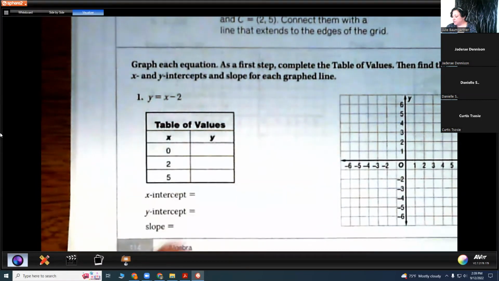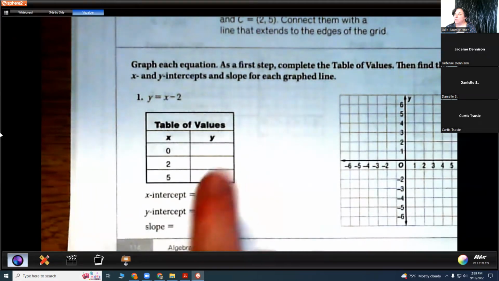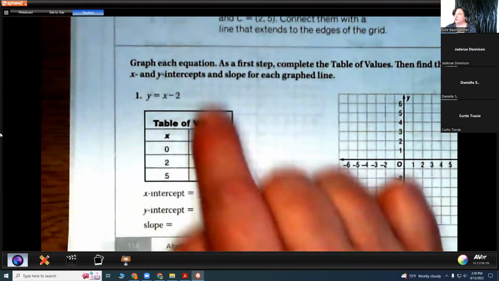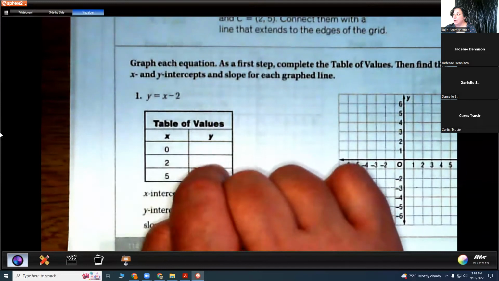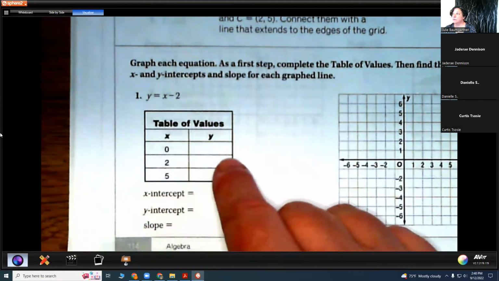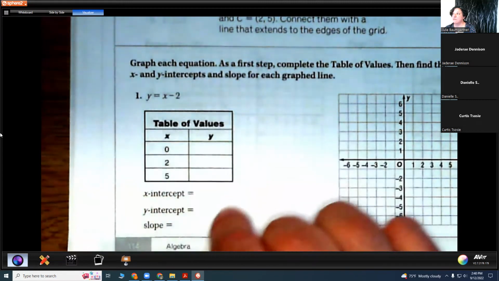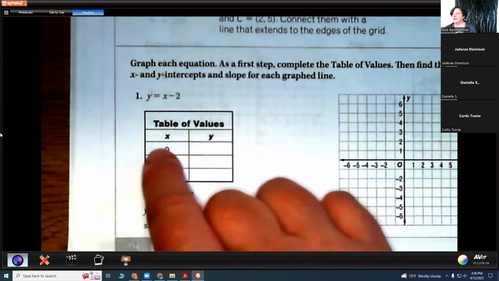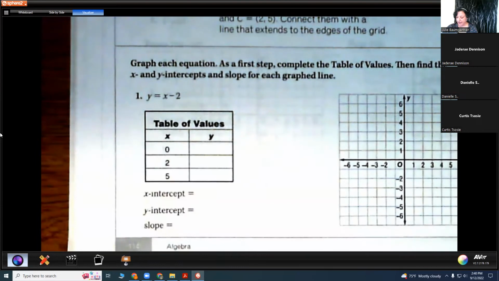So the slope is 1. But go ahead and do this. When x is 0, what is y? When x is 2, what is y? When x is 5, what is y? And then you have 3 points.